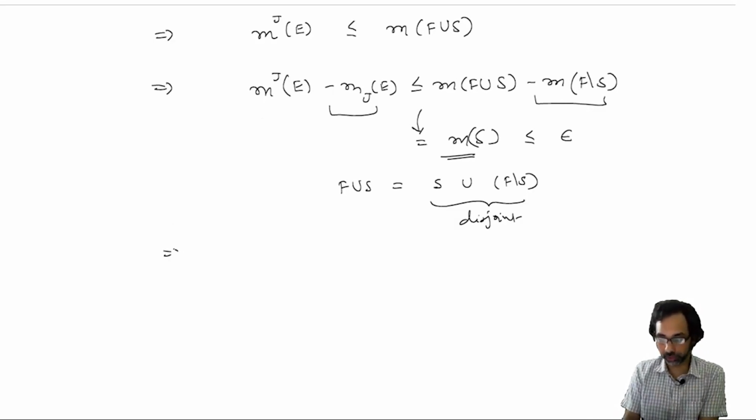So we have shown that the outer Jordan measure of E minus the inner Jordan measure of E is less than or equal to epsilon, which shows that E is Jordan measurable.